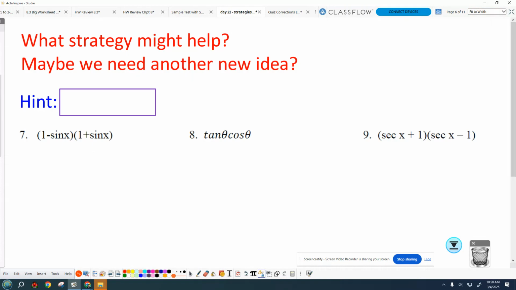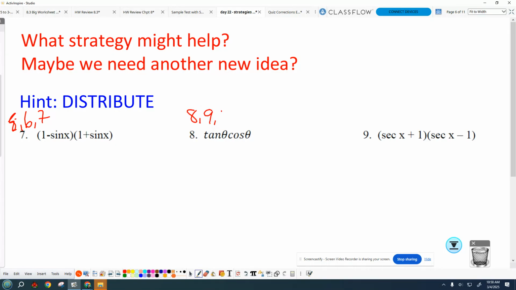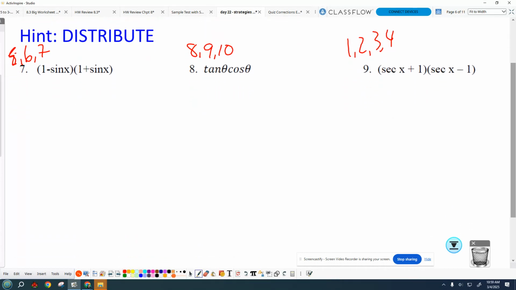What do you think the first step is, especially in number 7 and number 9? Valentina, what are you gonna say? Multiply it out? Yes. Distribute. Do the multiplies. So fine. Groups 5, 6, and 7, you get this. 8, 9, and 10, groups 1, 2, 3, and 4. So multiply stuff out. See what you get.